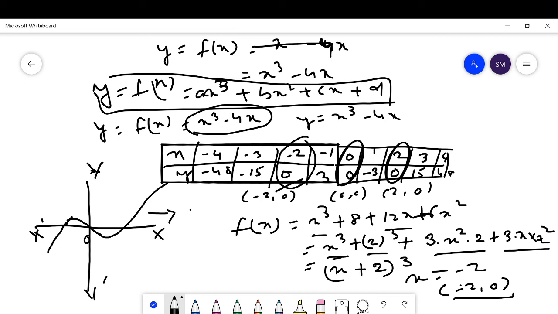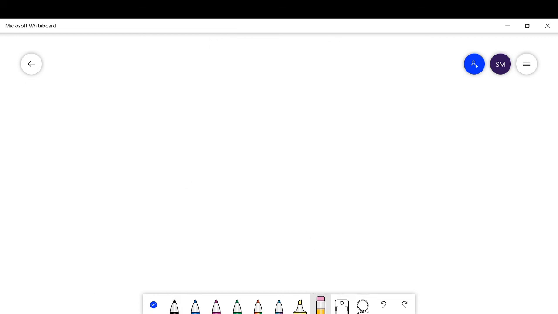Then find out the relationship between the zeros and the coefficients of a polynomial. Look here. Suppose f(x) is equal to 6x square minus x minus 2. Use middle term factorization.